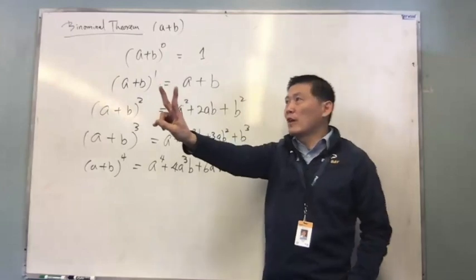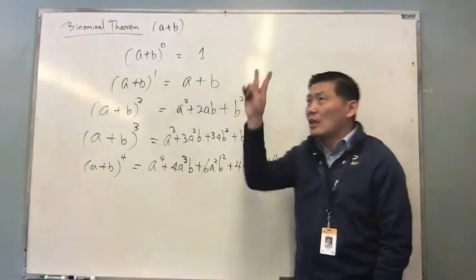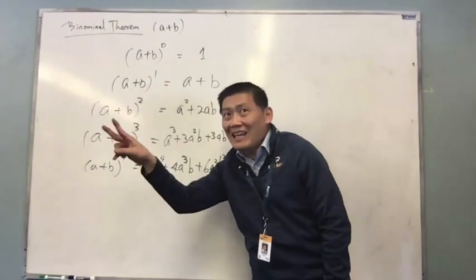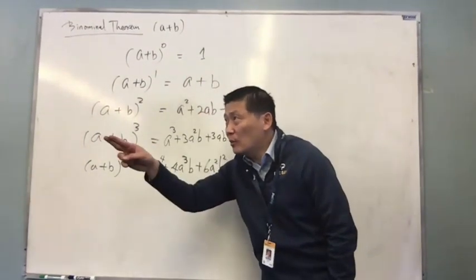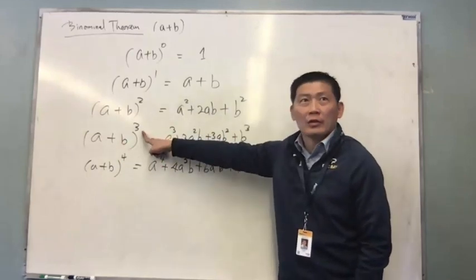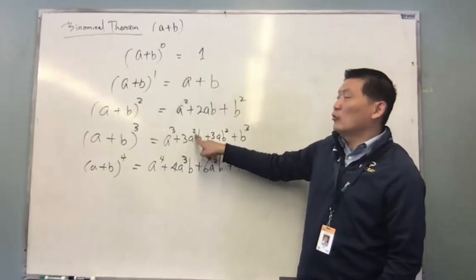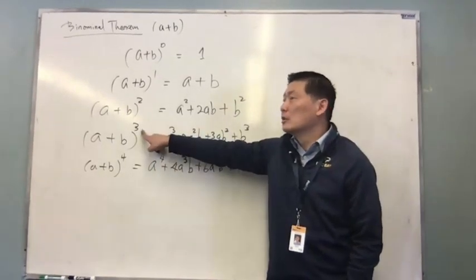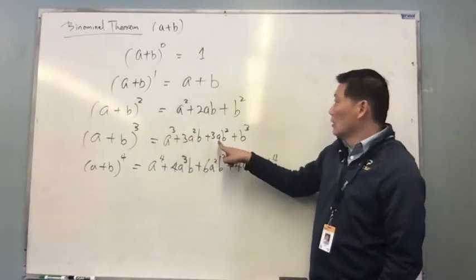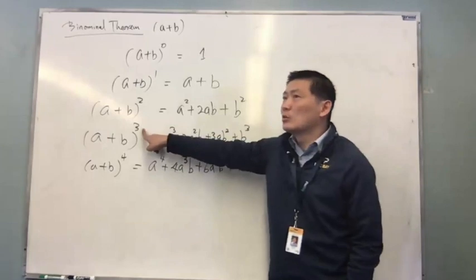Observation number two, you can check whether you're on the right track: the exponent of the A and the exponent of the B need to add up to the same exponent as what you start out with. A squared and B1, 2 and 1 gives you 3. A1 and B2, 1 and 2 gives you 3.